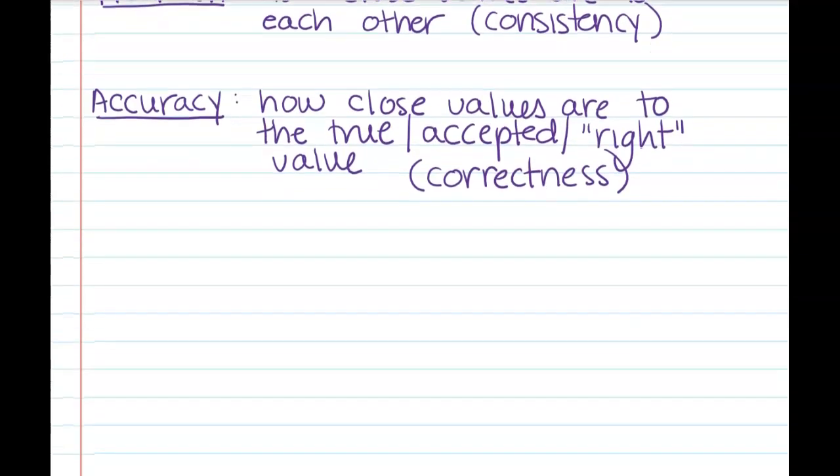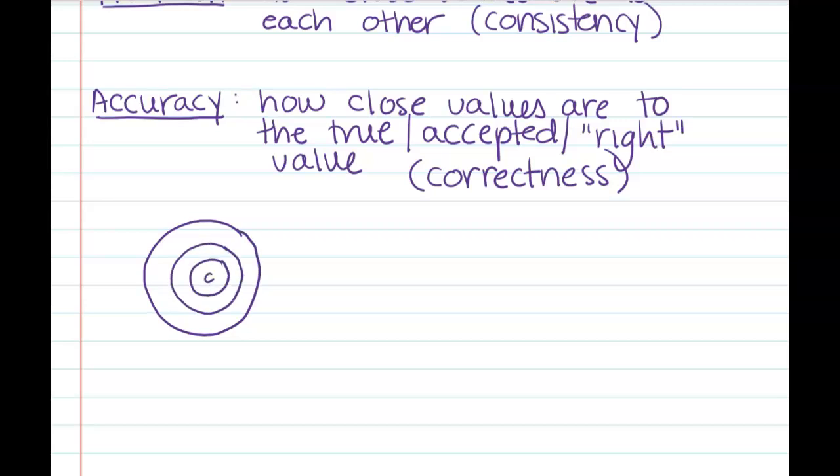So if you think about bullseyes, here I'm going to draw some really terrible bullseyes. So let's say here's a circle, and maybe you have some other rings there, and then you have your bullseye in the middle. Let's say you throw your darts and you go in here, here, here, and here.